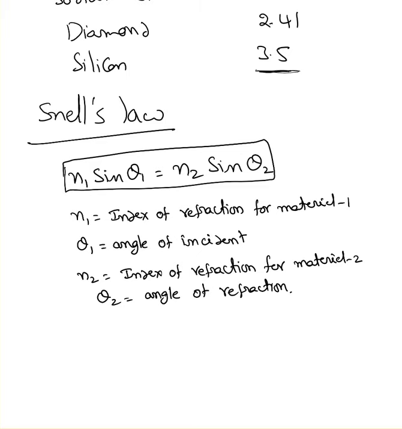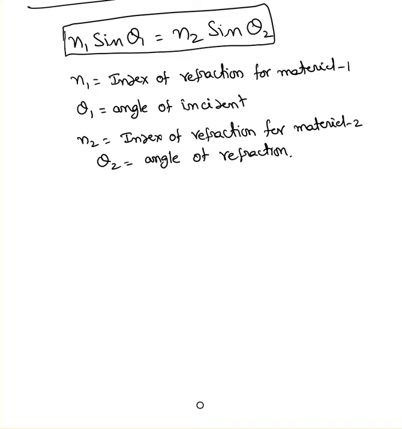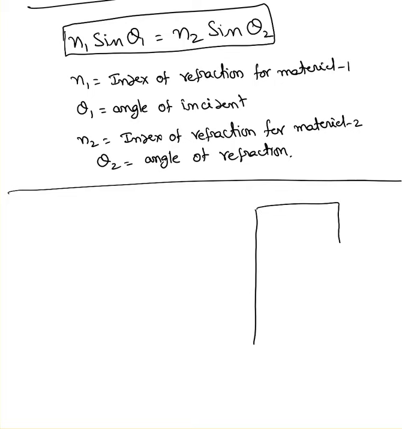Now I'm going to solve a simple example. Here is a glass material. The n value for that glass is given: n equals 1.5.